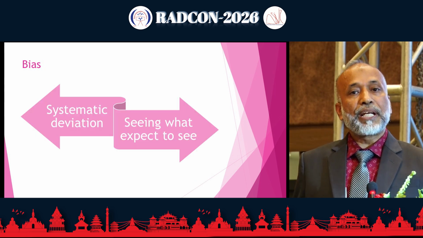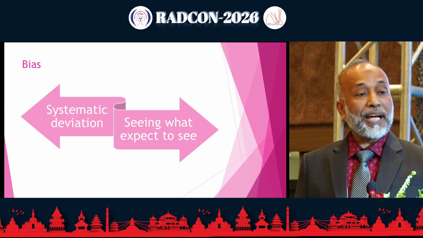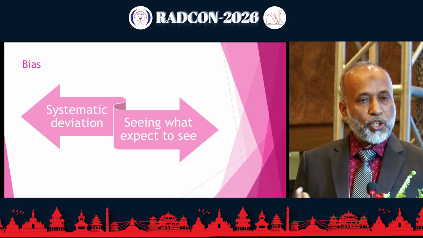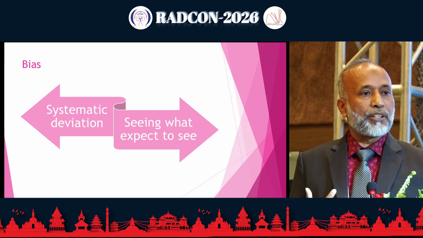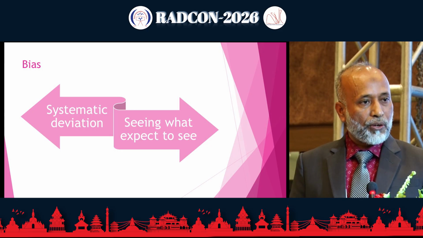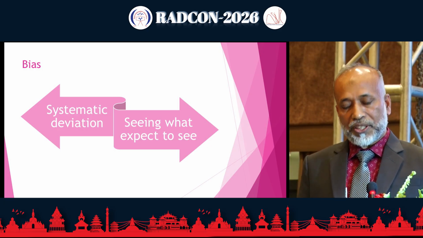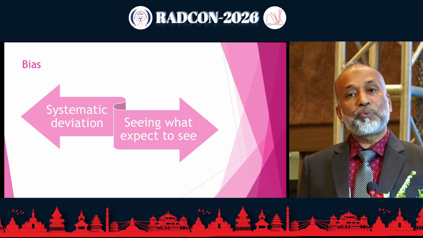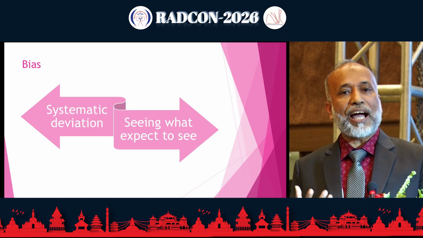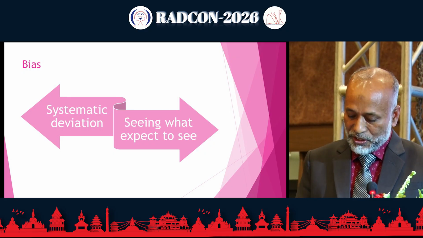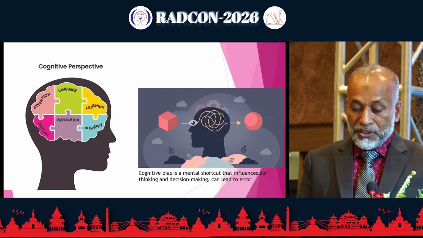And sometimes the brain suffers from bias. It is a shortcut, a systematic deviation in our thinking that is beyond our control. Our brain always uses shortcuts, and seeing what we expect to see, our eyes will see that. This is bias.